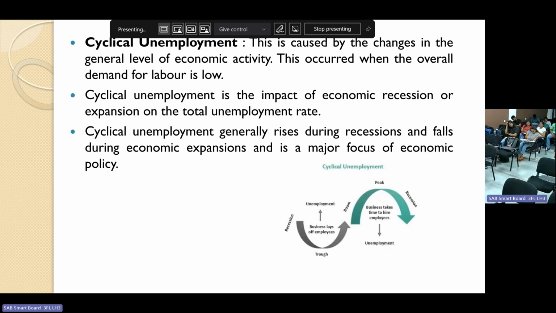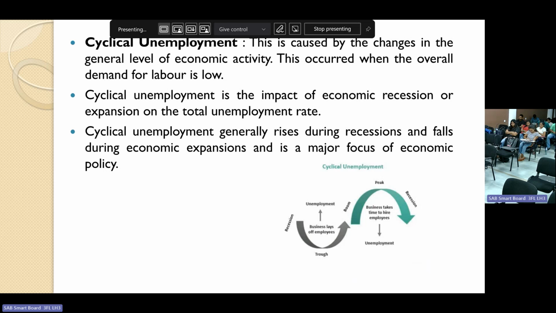Cyclical unemployment. This is the Keynesian unemployment. Cyclical unemployment arises because of lower aggregate demand. Normally, when there are low economic activities, unemployment increases.